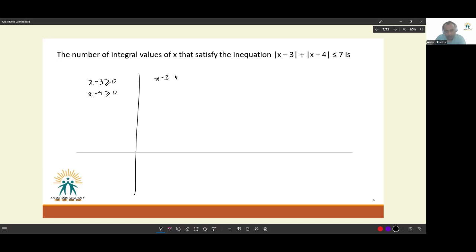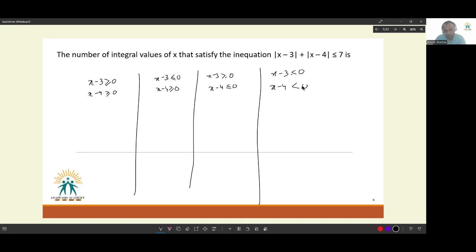Then x minus 3 is less than or equal to 0 and x minus 4 is greater than or equal to 0. Then what would happen? Then x minus 3 is greater than or equal to 0 and x minus 4 is less than or equal to 0. Then what would happen? And finally, we have x minus 3 is less than 0 and x minus 4 is also less than 0.